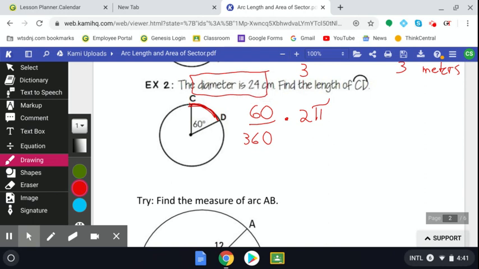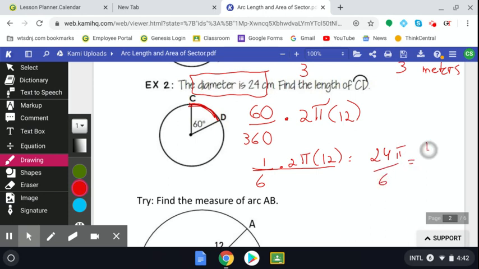So I need to either find the radius, which is going to be half of the diameter, which is 12, or I could just do 24 times pi. 60 out of 360 is 1 over 6 times 2 pi times 12, which gives me, I'll multiply the tops together, 24 pi over 6, which is going to be, once again, 4 pi. And it's going to be centimeters.